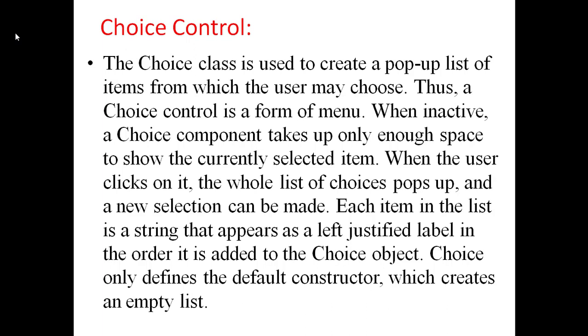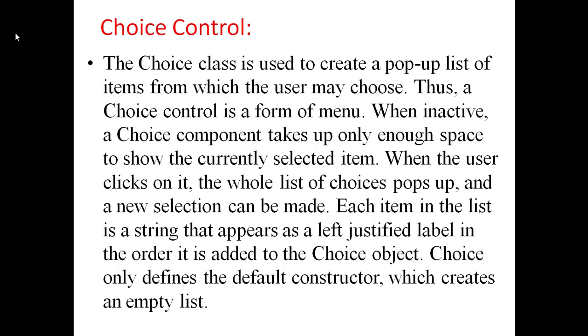When the user clicks on it, the whole list of choices pops up and a new selection can be made. Each item in the list is a string that appears as a left justified label in the order it is added to the choice object.